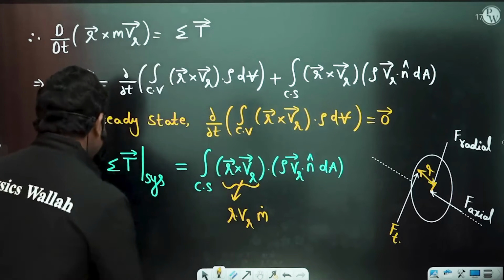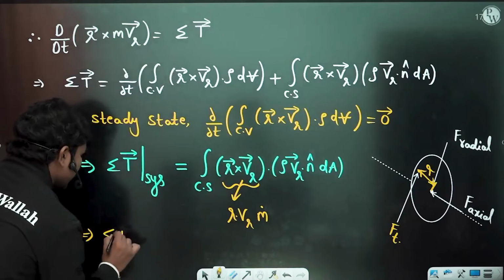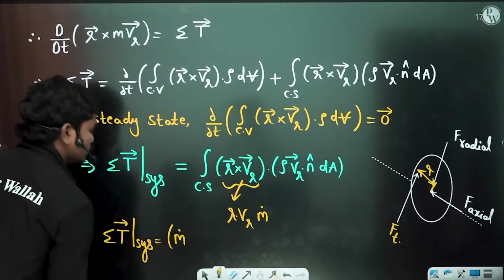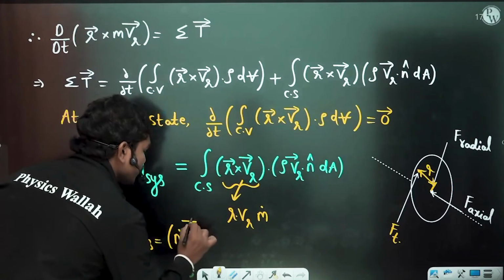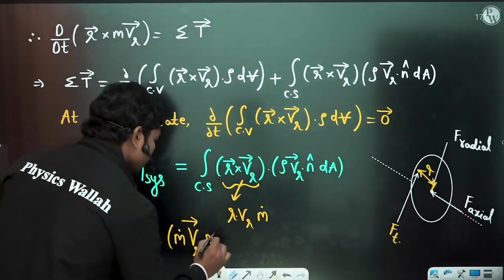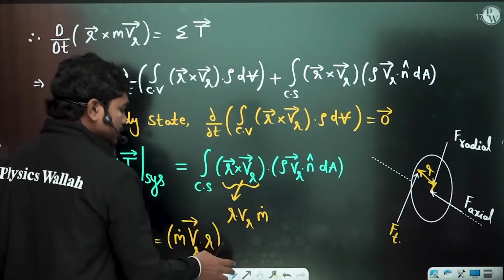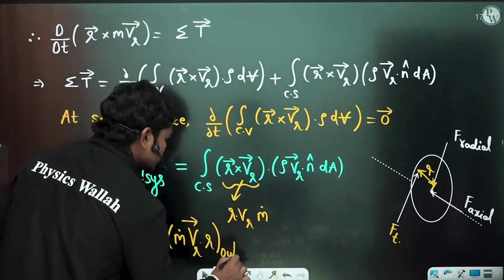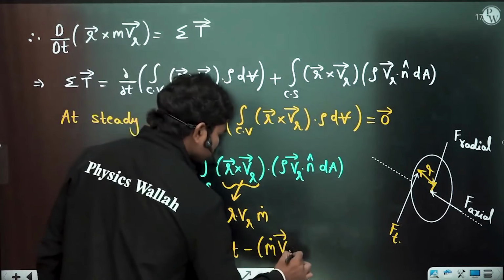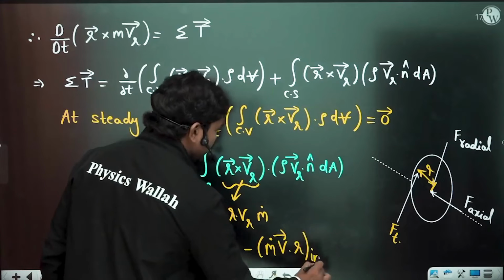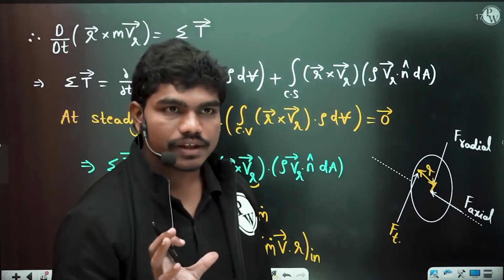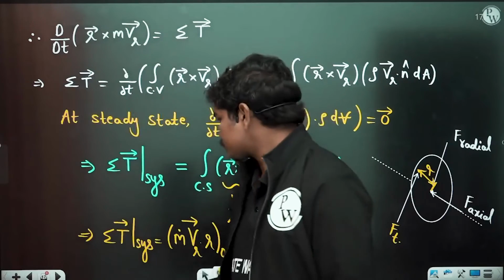So you can write the net torque acting on the system as equal to m dot v relative into r, that is the m v r we have, at the outlet, minus m dot v bar dot r at the inlet. This is how we get the net torque acting on any fluid system.